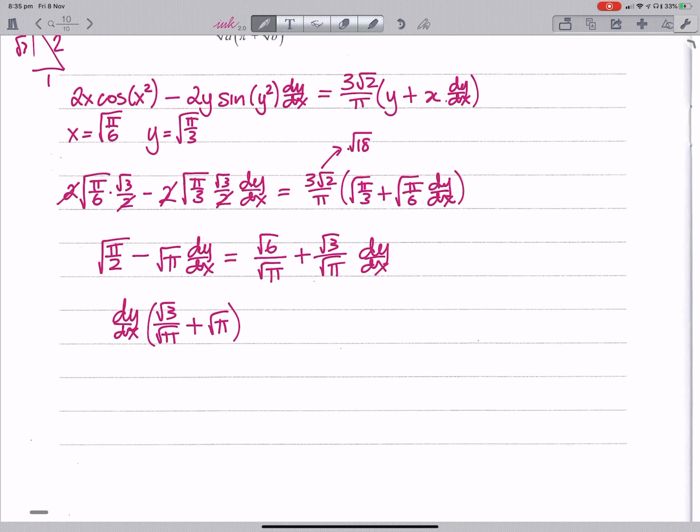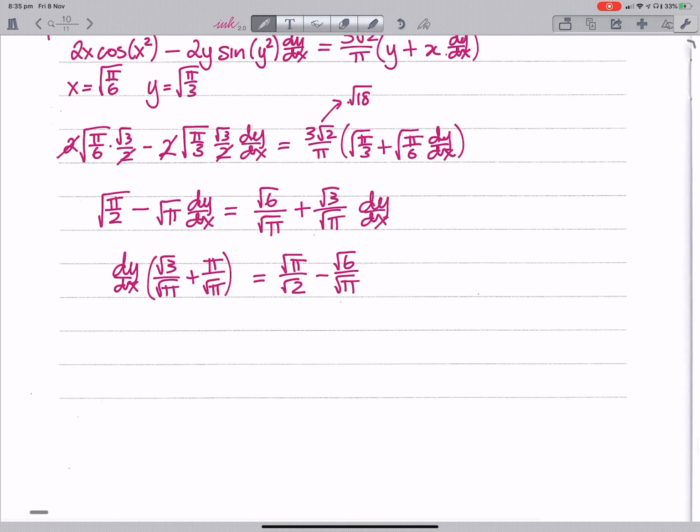And then that's equal to root pi on root 2 minus root 6 on root pi. Okay, with this, I'm going to put that over root pi, so plus pi on root pi. So we get dy dx, root 3 plus pi on root pi equals, now let's put these on a common denominator.